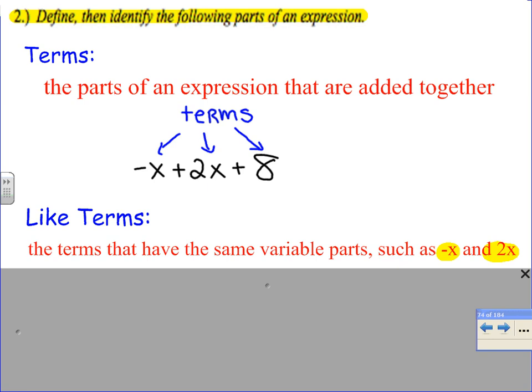If negative x and 2x are like terms, who can give me another example? If negative x and 2x are like terms, they have the same variable parts. Adam, what's another example? Awesome. 6y and 7y. What's another example, Emma M? 8x. Good. 8x and x. Annalise, what's another example? Good.